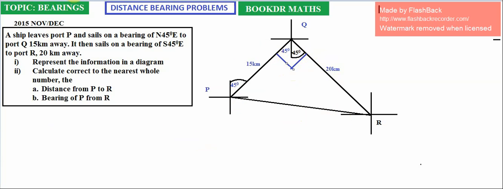In that instance, we can say that with regards to our right angle triangle, the hypotenuse square, which is PR square, is equal to 15 square plus 20 square. I hope you can solve for the PR.